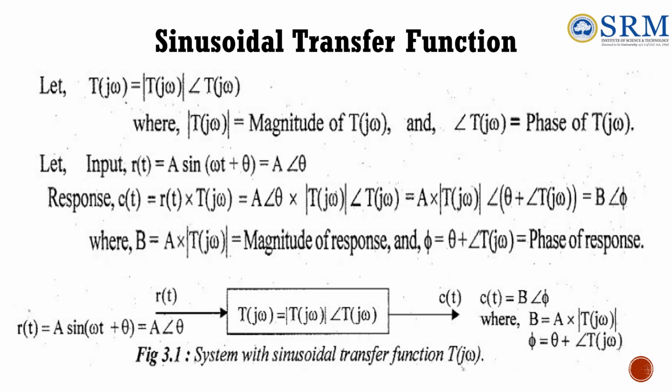Here B is the magnitude of response and phi is the phase of the response, which can be calculated by B equal to A into magnitude of T of j omega and phi equal to theta plus angle T of j omega. The system with sinusoidal transfer function can be represented as shown in the figure.